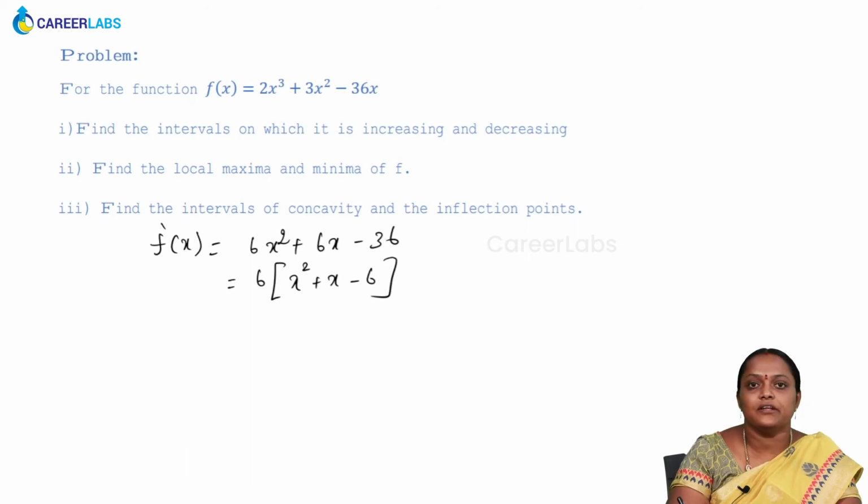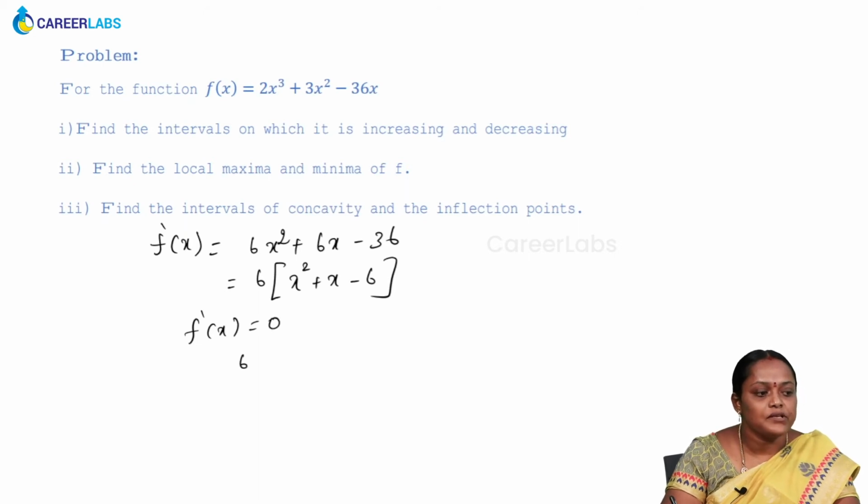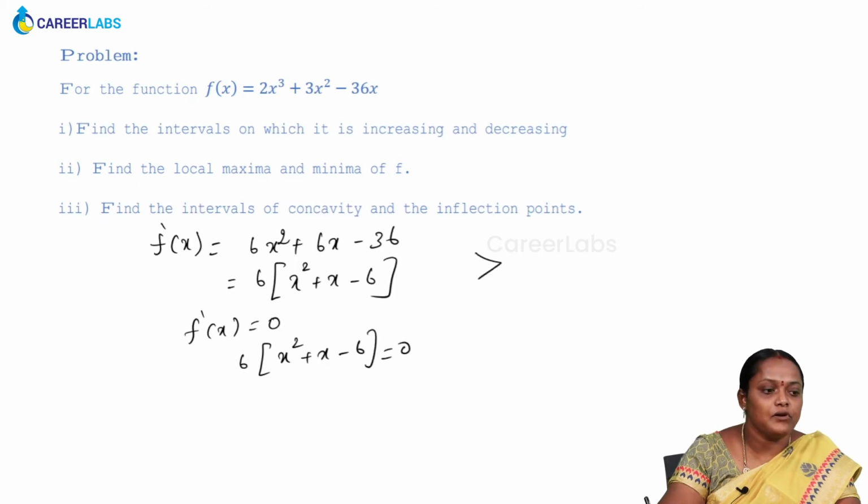So, in order to find the critical numbers, we need to equate f dash of x to 0. So, this is 6 times x square plus x minus 6 equal to 0. Here the product is minus 6 and the sum is 1. Therefore, 3 times minus 2 will give you the product as minus 6 and 3 plus minus 2 gives plus 1.